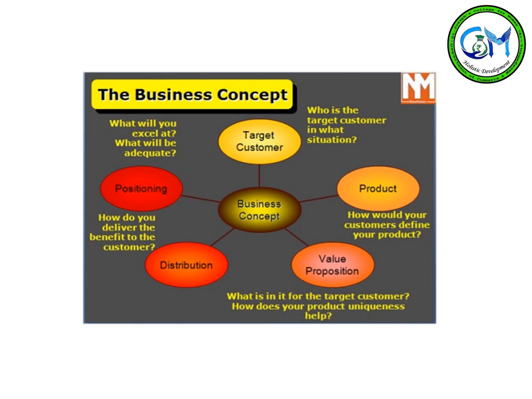Okay, for shaving cream or shaving blade or something like that, who are your target customers? All males are your target customers. Okay, so that is the business concept. So product, value proposition, distribution, you need to distribute, and after that you have to position, and then you go with the target customers, and this is a cyclic process. So once your target customers are fixed, then you can think about the product, and then you can complete the cyclic process of this particular business concept.